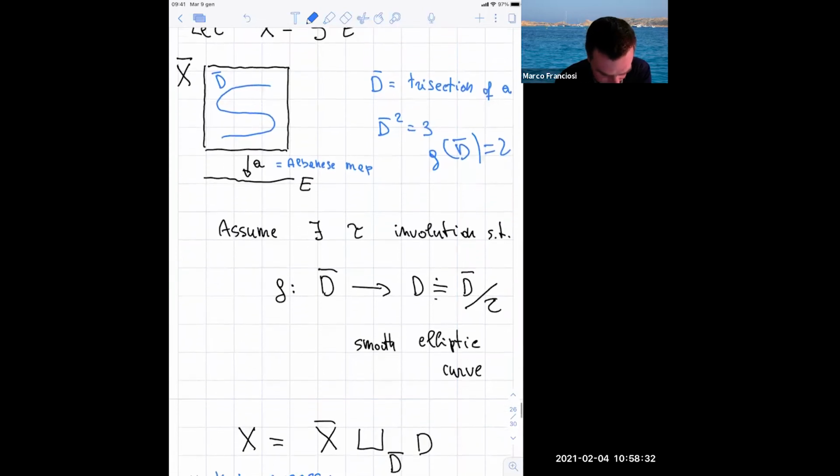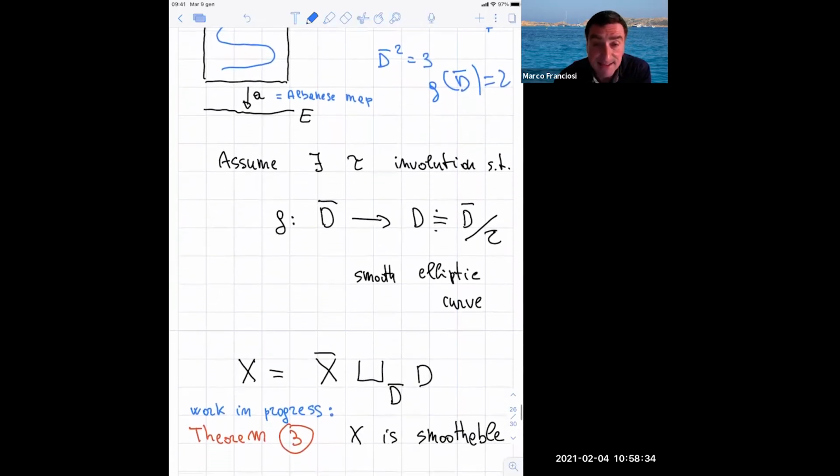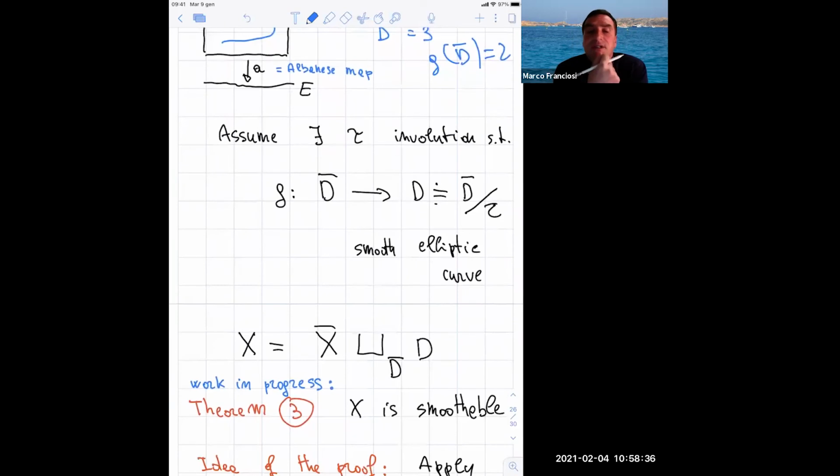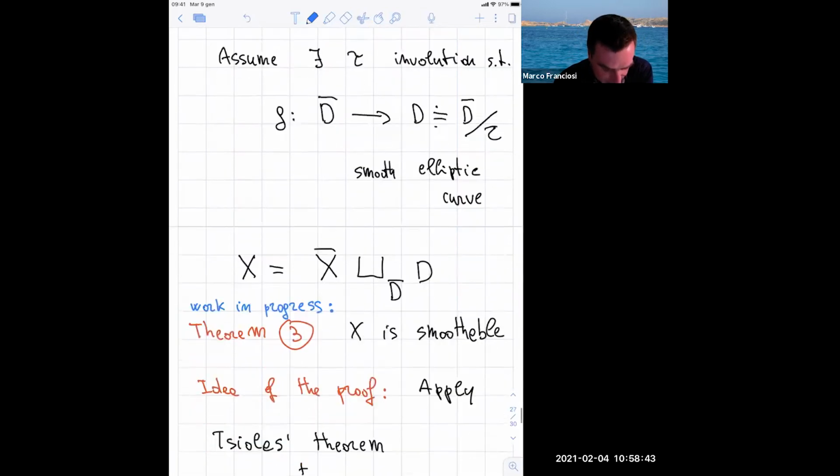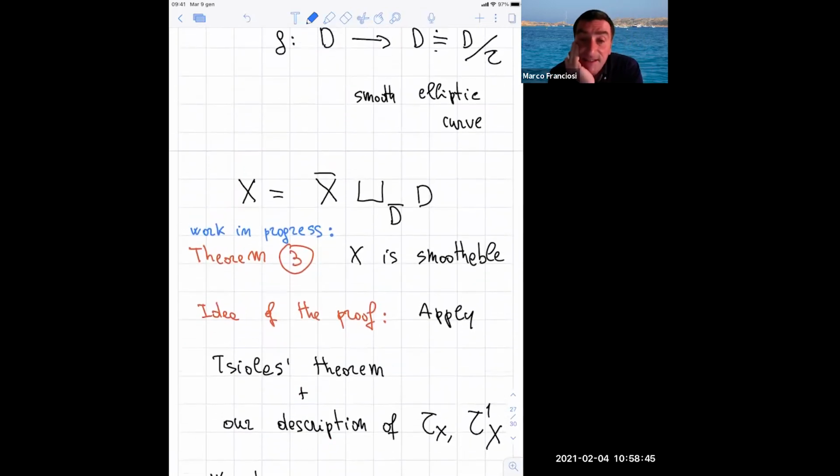So we consider our X as a push-out surface obtained by gluing the bar along D. And what we obtain is the following: that X is smoothable.